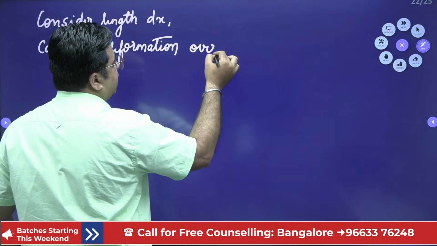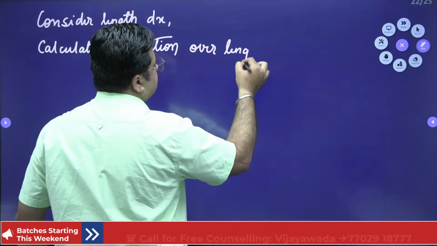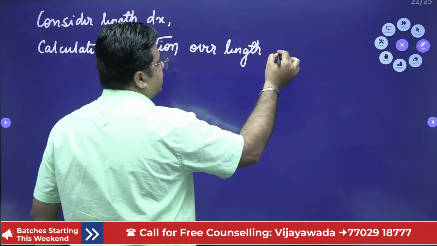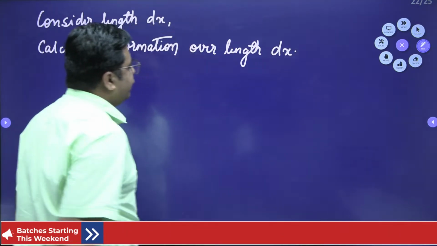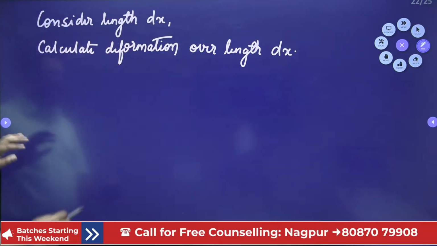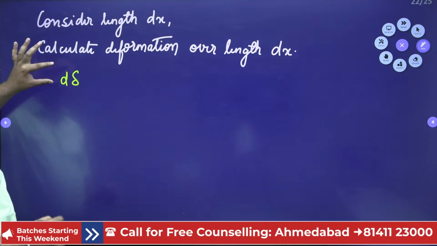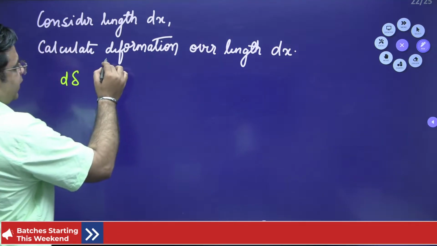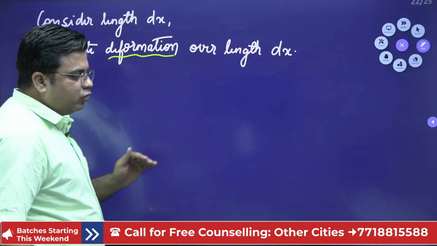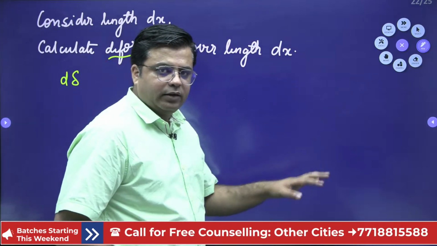So the deformation over length dx will be d delta, the deformation coming over length dx due to the weight hanging below it.